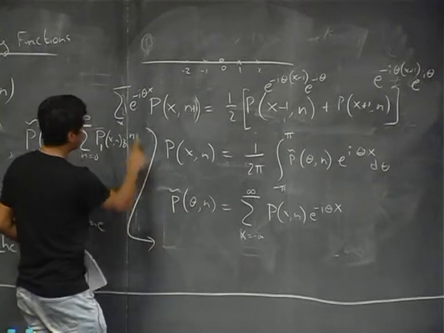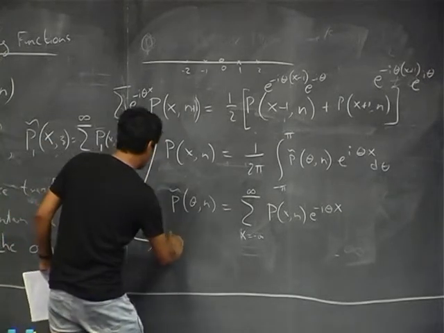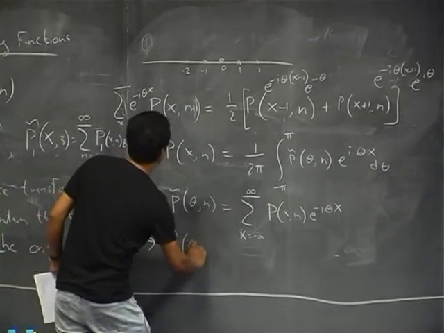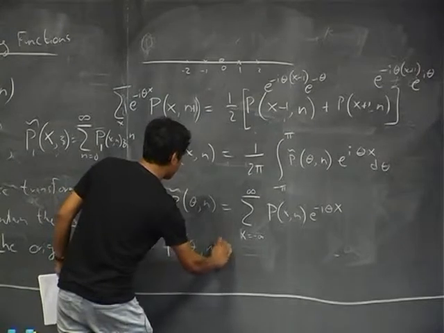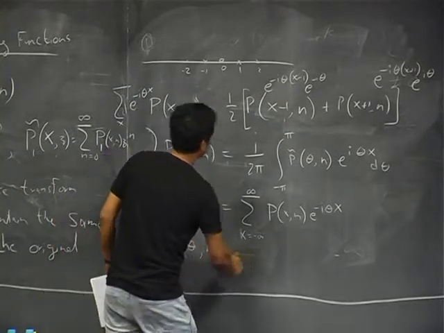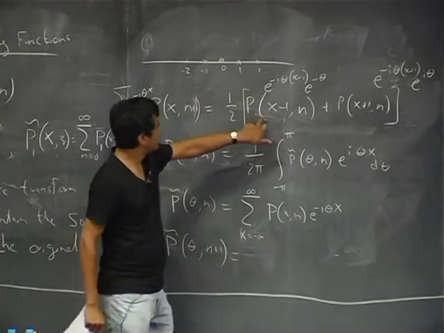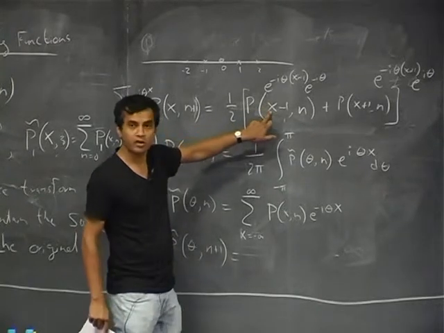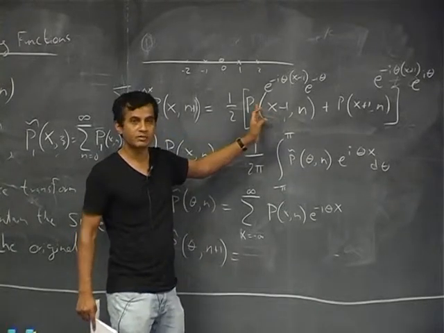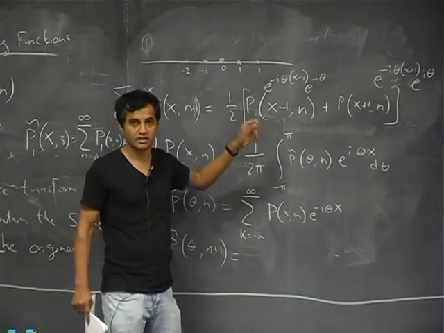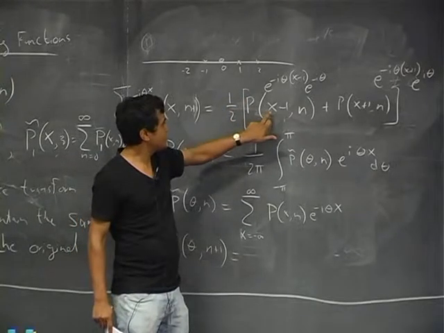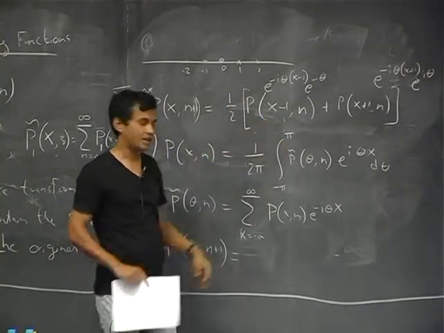So then what does this give me? This basically gives me p tilde theta at n plus 1 is equal to, since I'm summing over all x, this x minus 1 doesn't matter, so I can just put x. So I still get p tilde theta n.